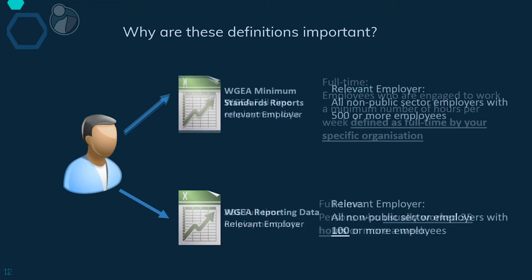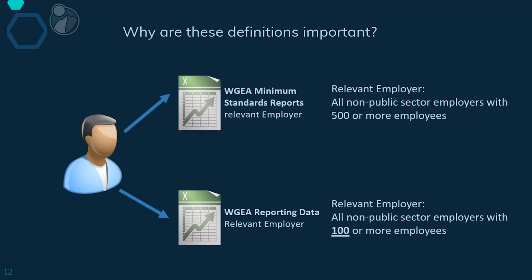As another example, again pulling from the Workplace Gender Equality Agency, they've got the difference between a standard report and then their whole of collection reporting data. In this, they define a relevant employer as somebody with potentially 500 or more employees, or when they're reporting against the entire data set, they report against everybody with more than 100 employees.